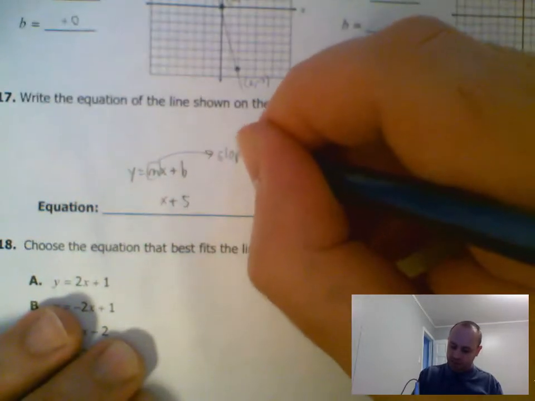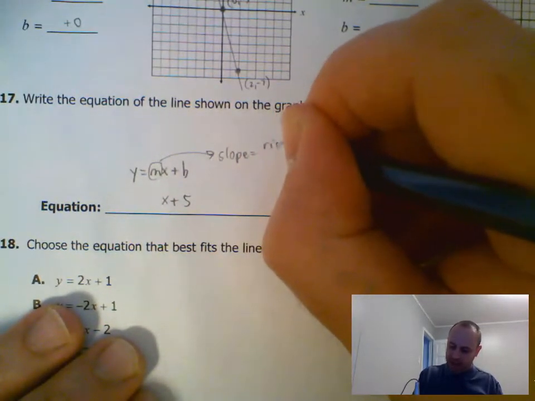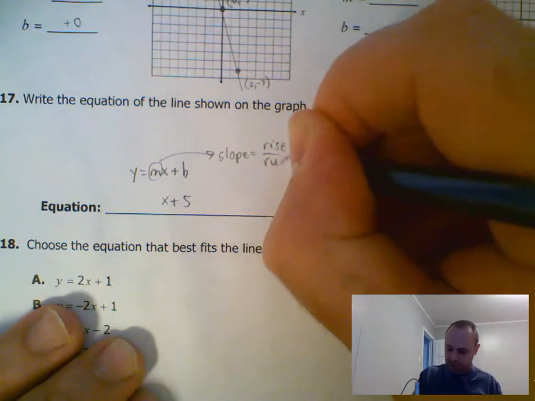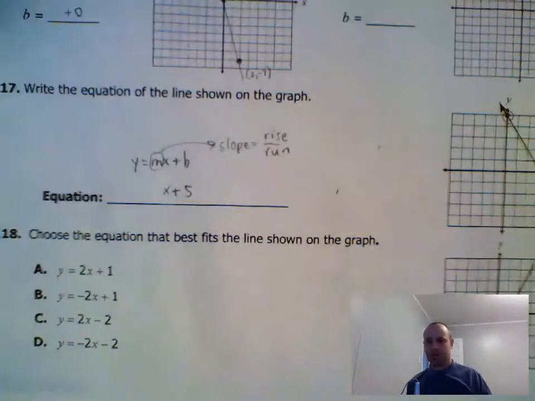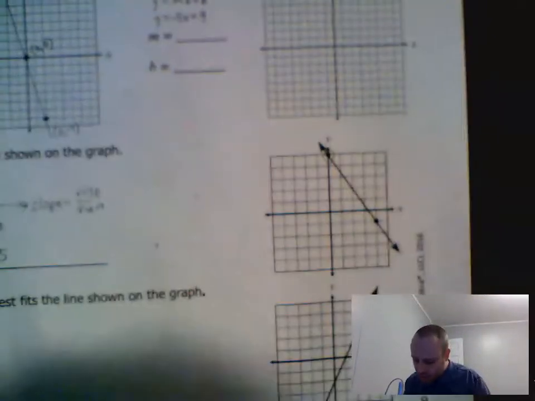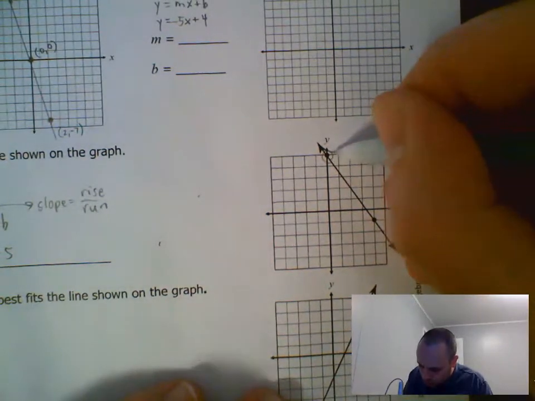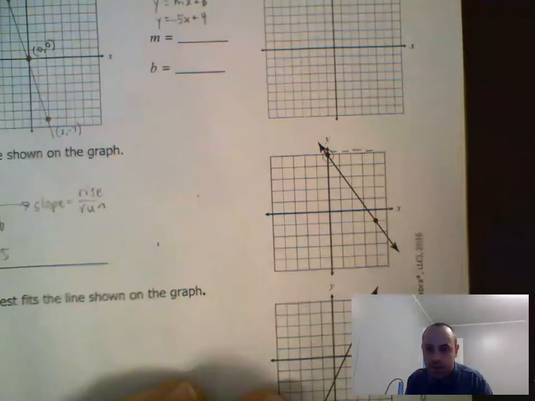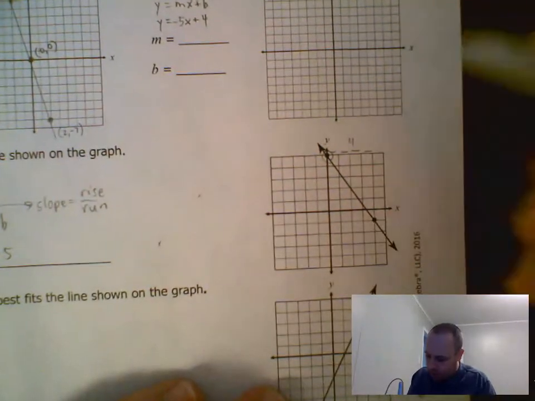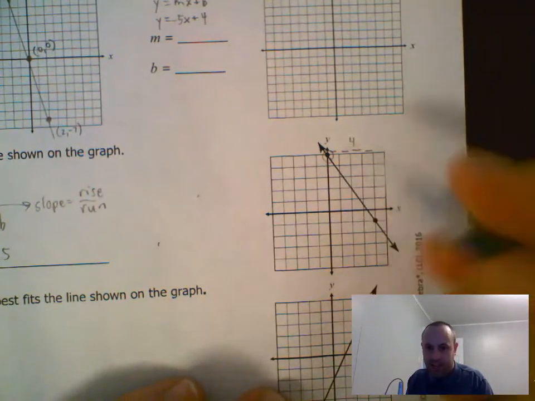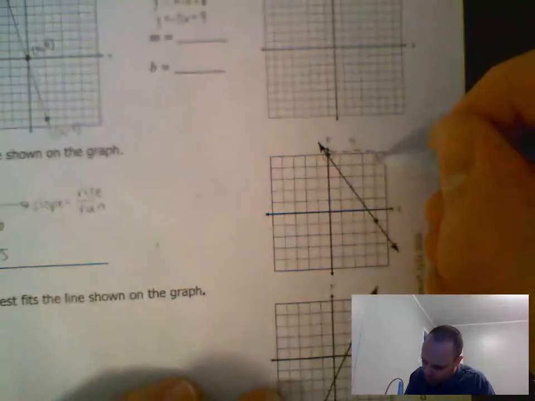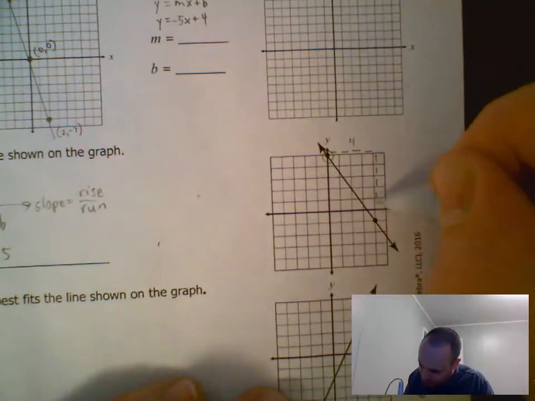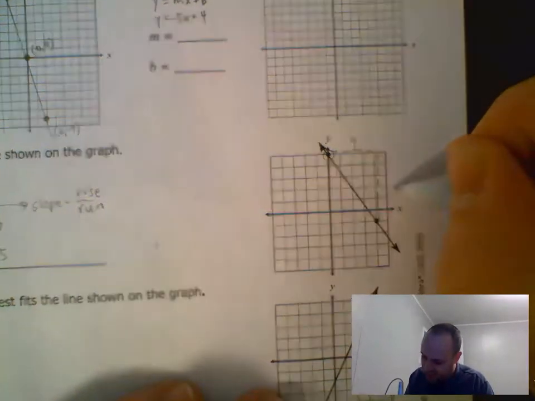Our slope is equal to our rise over our run. So in this case, if I run 1, 2, 3, 4, so my run is 4 from a point on the line, then I have to rise 1, 2, 3, 4, 5, 6 in the negatives.